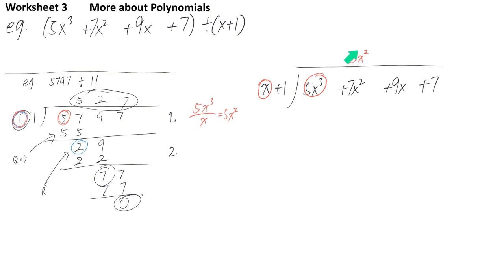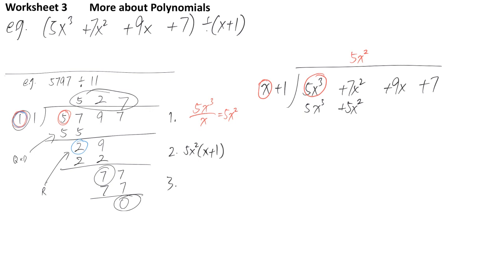So 5x squared times x, we get 5x power 3. Similarly, 5x squared times 1, we get 5x squared. This is the second step, the quotient times the divisor.